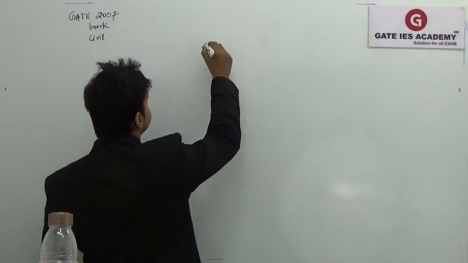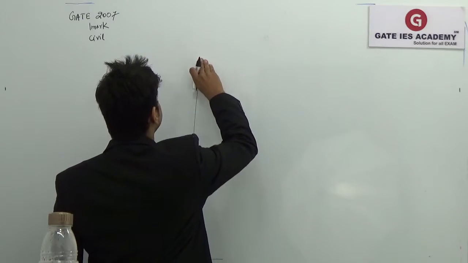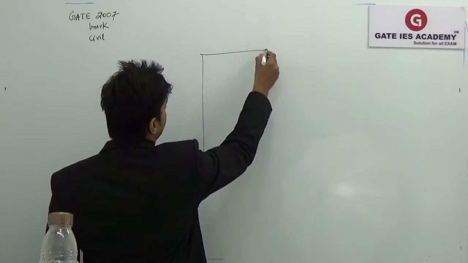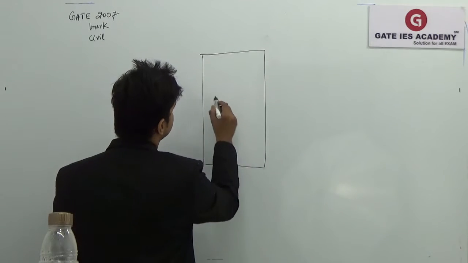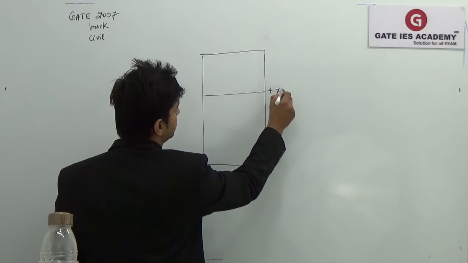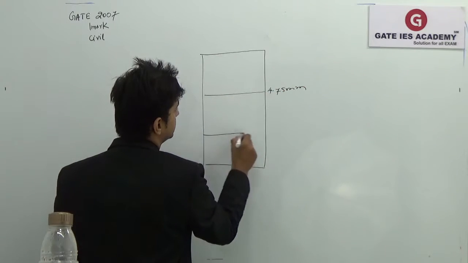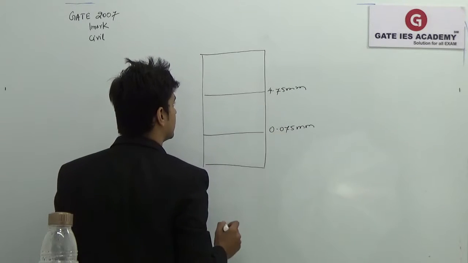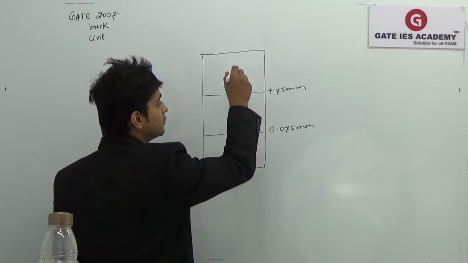That means that if I draw this table, so I'll find out that this is 4.75 mm, this is 0.075 mm. So what they are saying is 980 gram passes through this part.